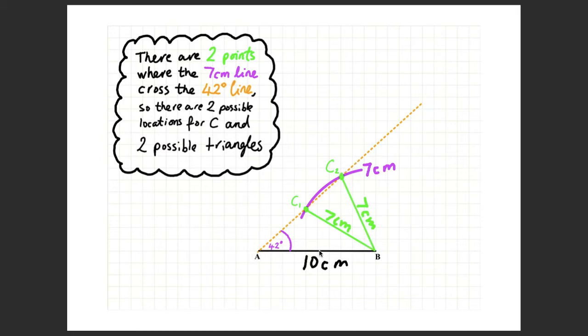That's also 10 centimeters on the base, 7 centimeters from A to C, and still 42 degrees at A. So two possible places where C could go. I've labelled them C1 and C2. So that's called the ambiguous case of the sine rule, because when you construct it, there are two possible solutions. It is ambiguous.